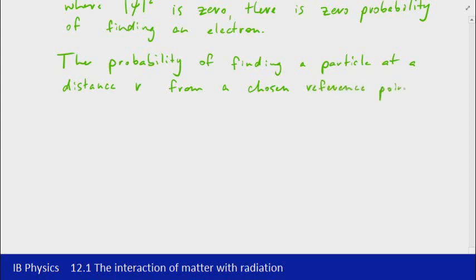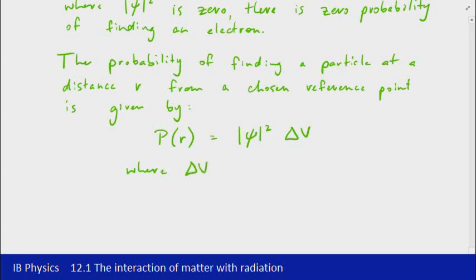So the probability then is given by the equation: P, representing probability at the distance r, is going to be the square of the magnitude of the wave function multiplied by delta V, where delta V is the volume being considered.